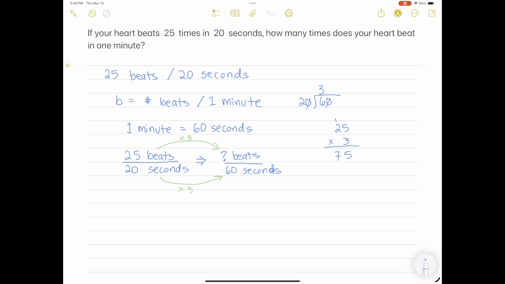So if my heart beats 25 times in 20 seconds, then it will beat 75 times in 60 seconds, or 75 times per minute.